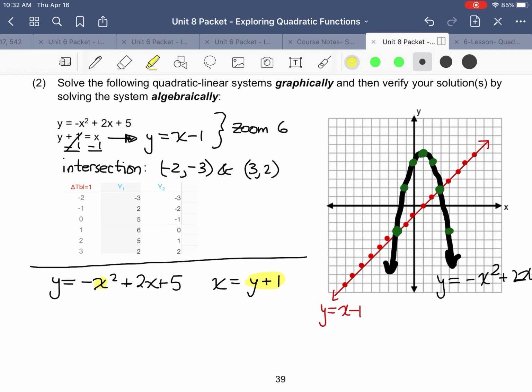Because that's telling me that every x is the same thing as y plus 1. So I'm going to write y equals negative (y plus 1) squared plus 2 times (y plus 1) plus 5. Those are y plus 1s.